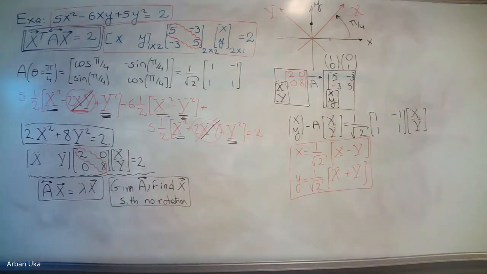Could you say that if you multiply that equation by the inverse of matrix A, then you have found one which does not make any rotation, it just scales?